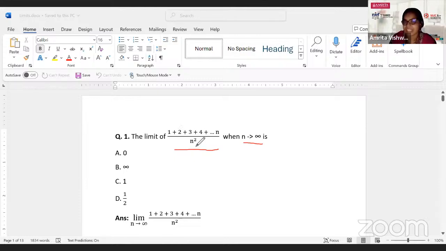You just substitute the formula, simplify it, and they have already given that n tends to infinity. The options here are 0, infinity, 1, 1 by 2. And we have to find the limit of this term.